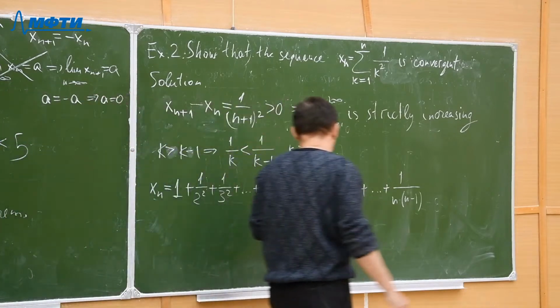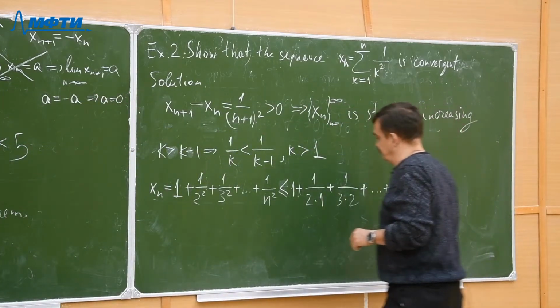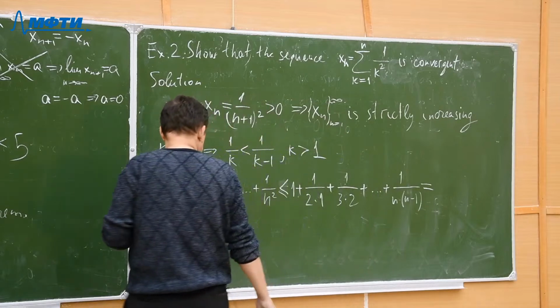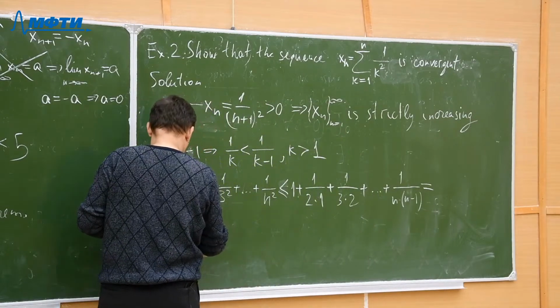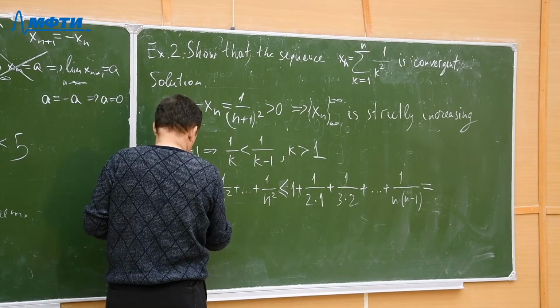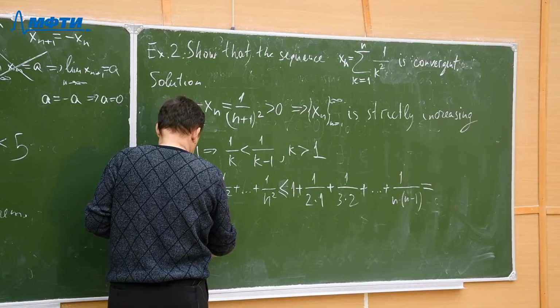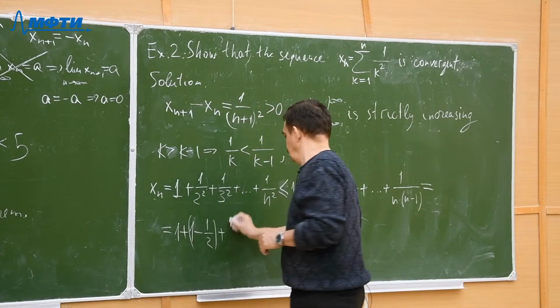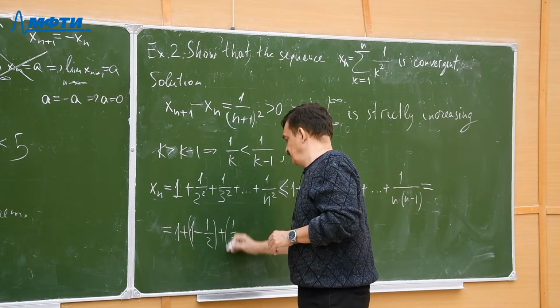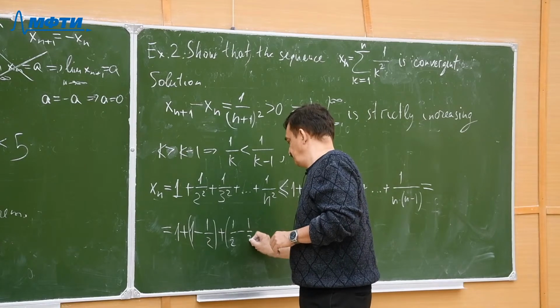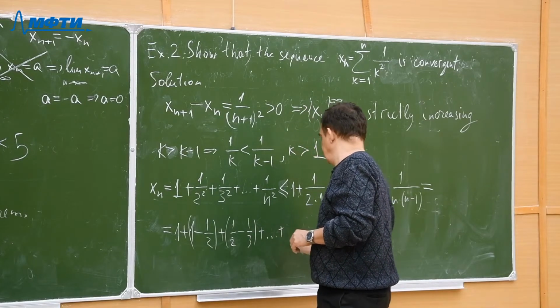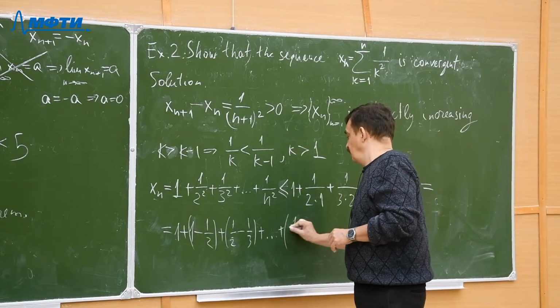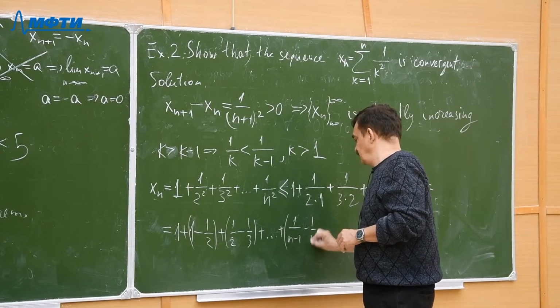Now, the nice observation is the following. Look, 1 plus (1 minus 1/2) plus (1/2 minus 1/3) plus so on plus (1 over n minus 1 minus 1 over n).